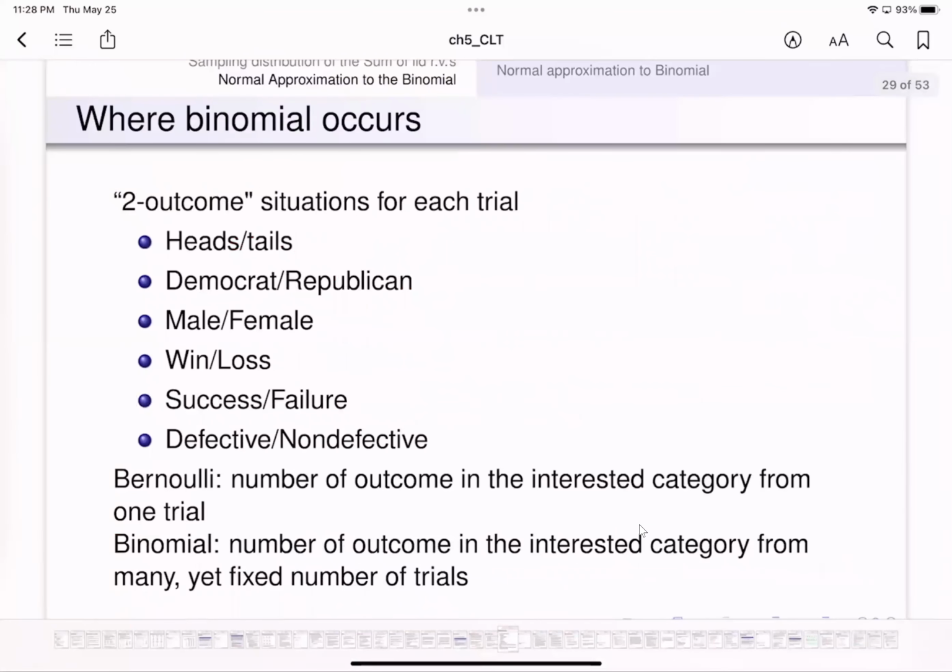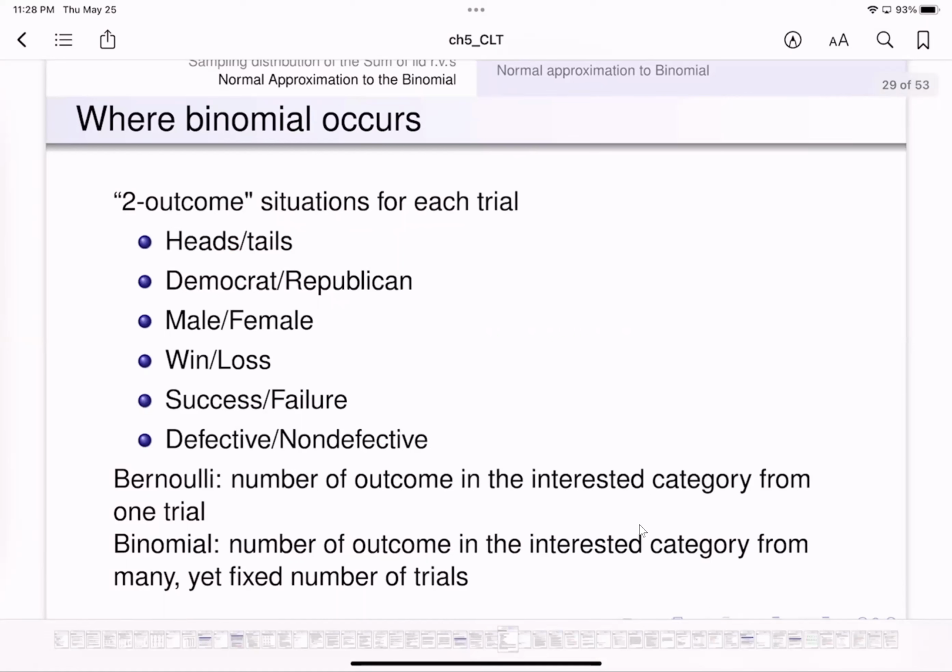Okay, next let's try to apply the central limit theorem for the sum to a situation in a binomial experiment. Before we look at the binomial, let's first consider the case that we have just 2 possible outcomes. In many real-life situations we see 2 outcomes. For example, when you flip a coin, you might see the head or tail.